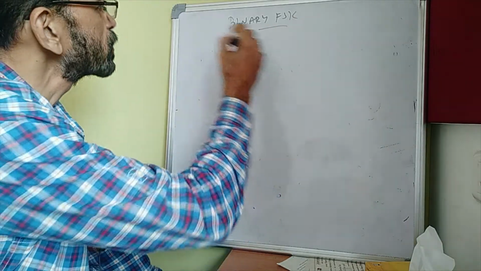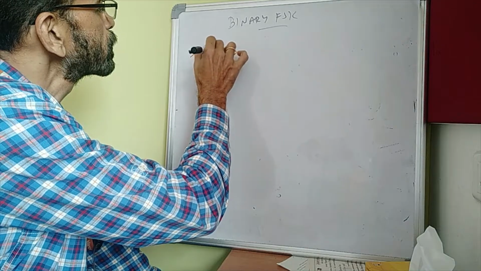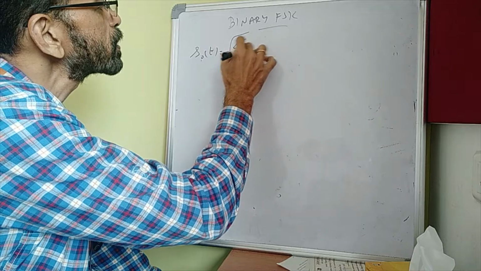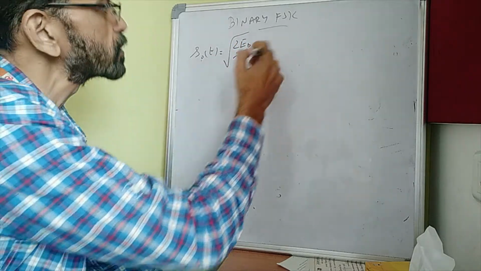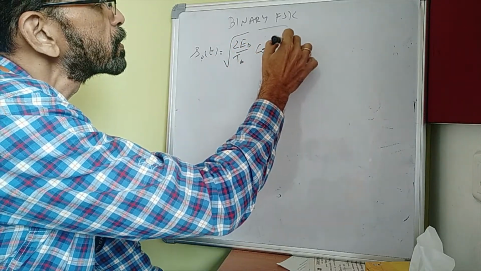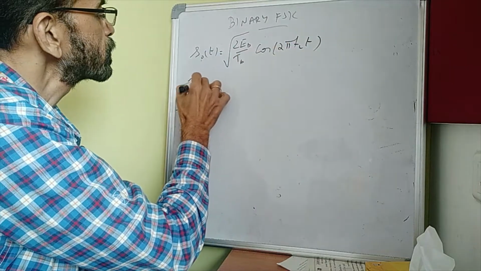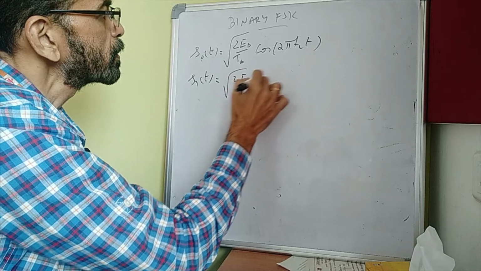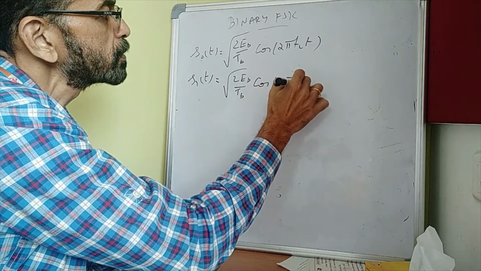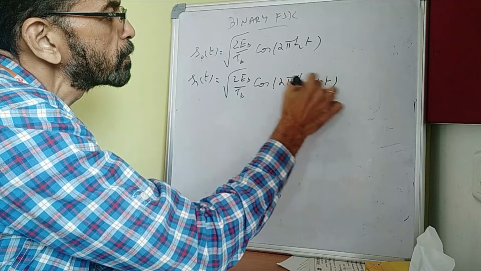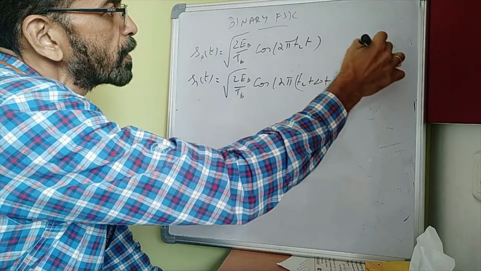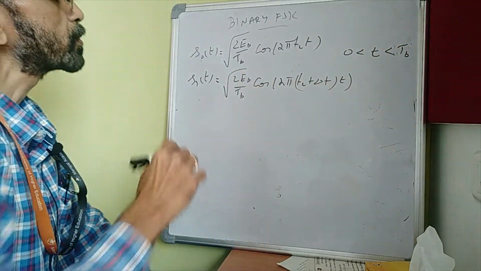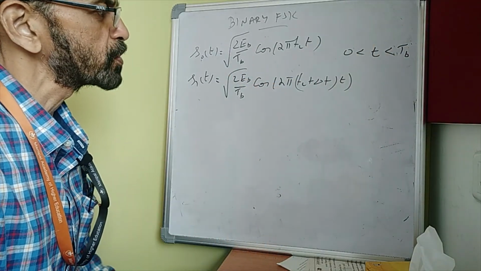Now in binary FSK, in the type of binary FSK that we have been discussing so far, the signals are this and this, and of course for a duration of TB, the bit duration.